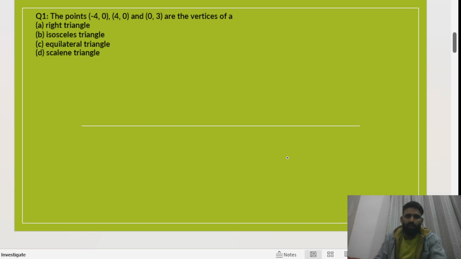So there are 3 points and 3 points create a triangle.